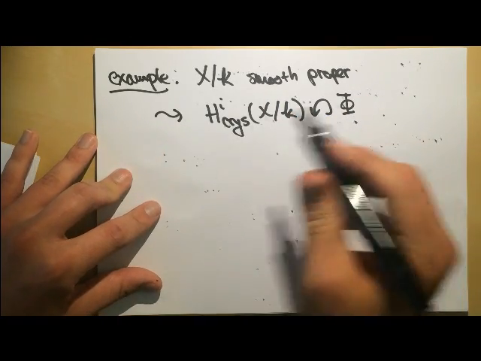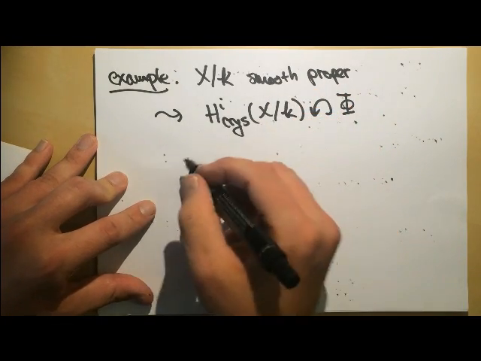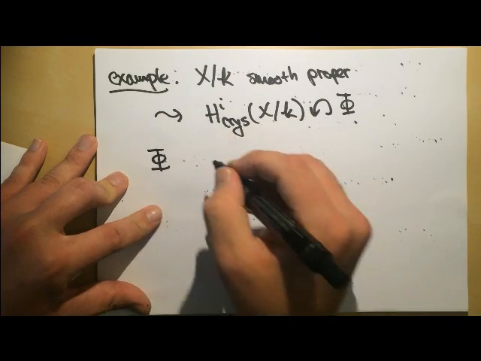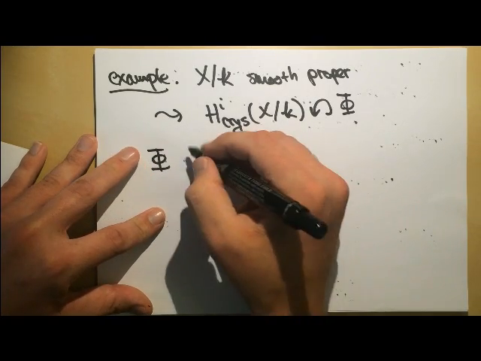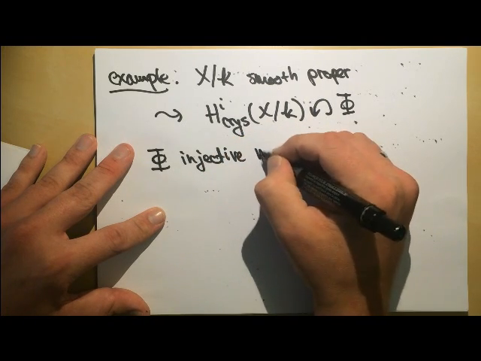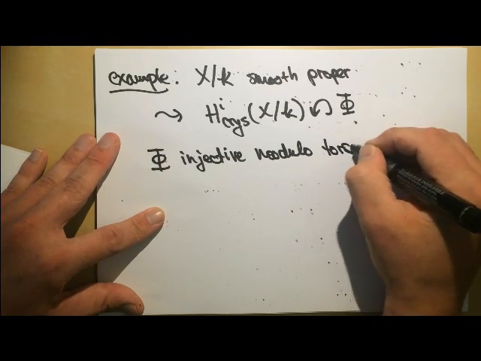And so it always is going to have a Frobenius. May have some torsion in here, but the fact is that phi is going to be injective modulo torsion.